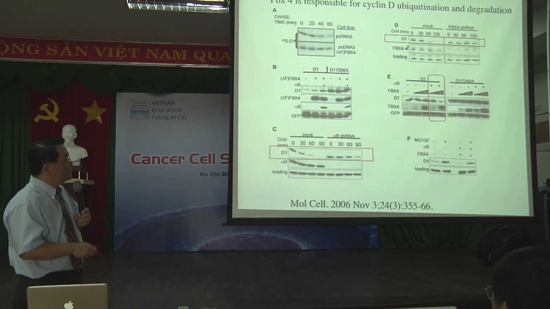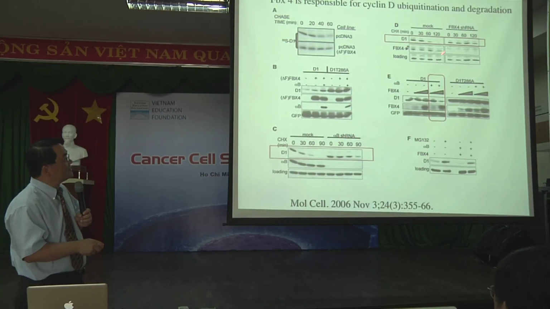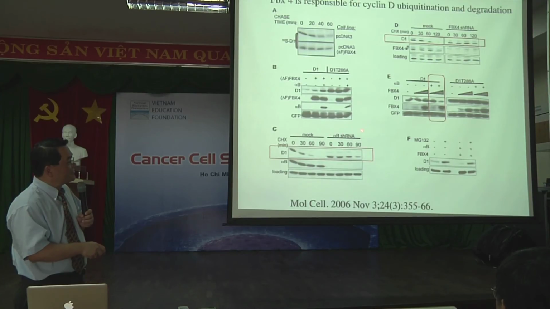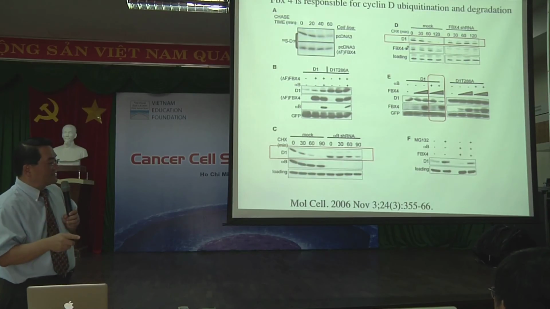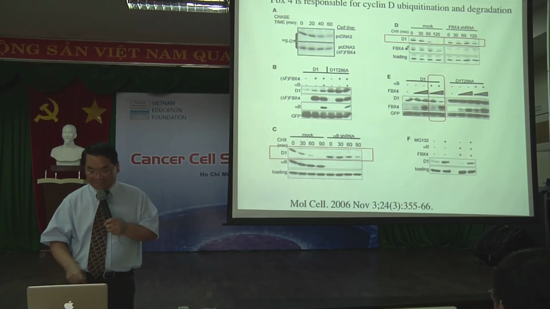Okay. Here, do the alpha B crystallin knockdown, a very similar situation to what you see here, suggesting that alpha B crystallin is also responsible for cyclin D degradation and downregulation.